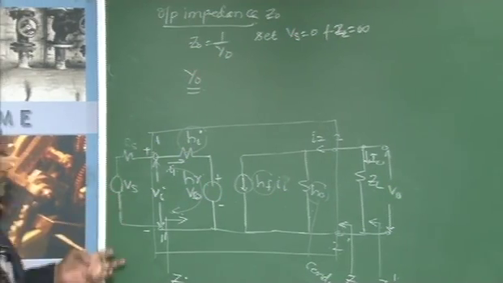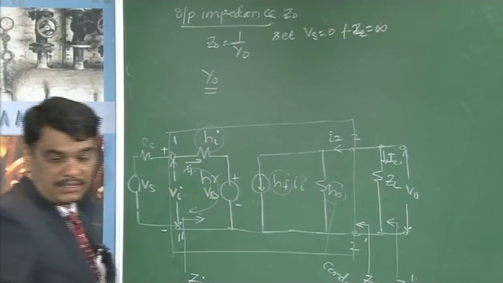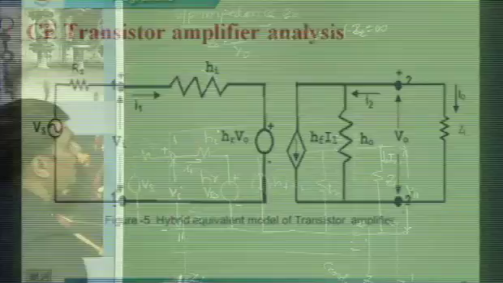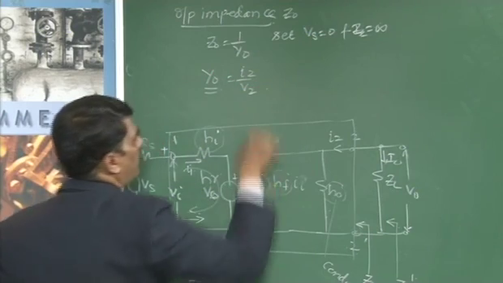When the source is short circuited, Y0 is given by the ratio of I2 by V2.